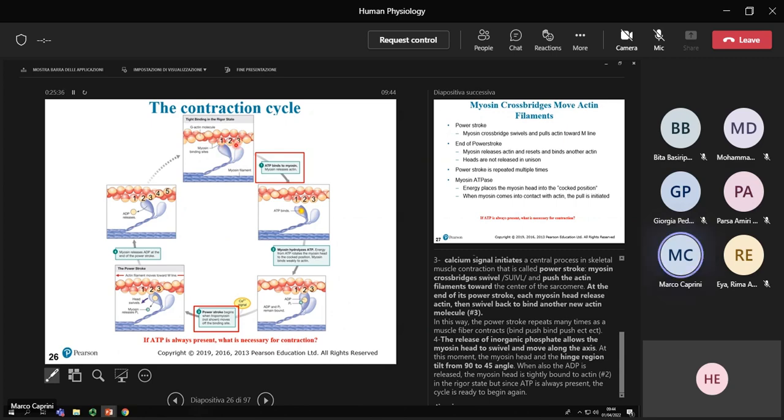When the ATP is present, we start the process again. Obviously, we are not in this state. The states in which we physiologically are at rest are this one and this one.